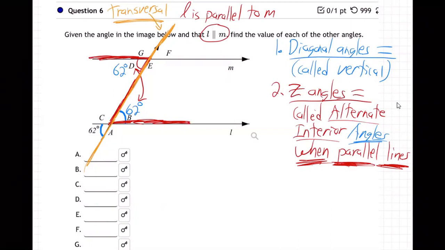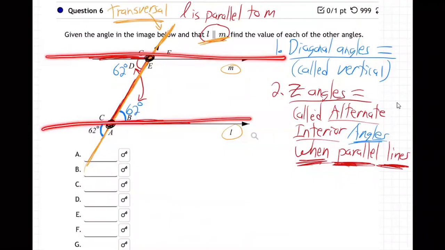Remember L and M are parallel? Those are parallel lines. If you go from this intersection down to this intersection, notice that D and B are inside the parallel lines. Let me highlight that. Notice D and B are both interior.